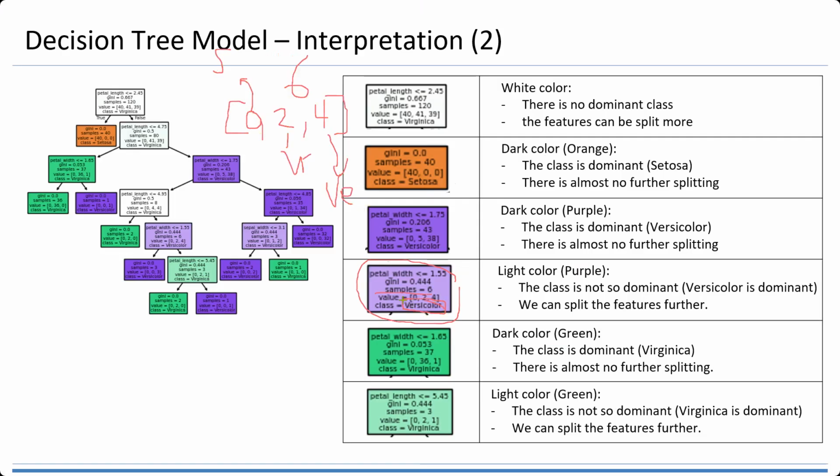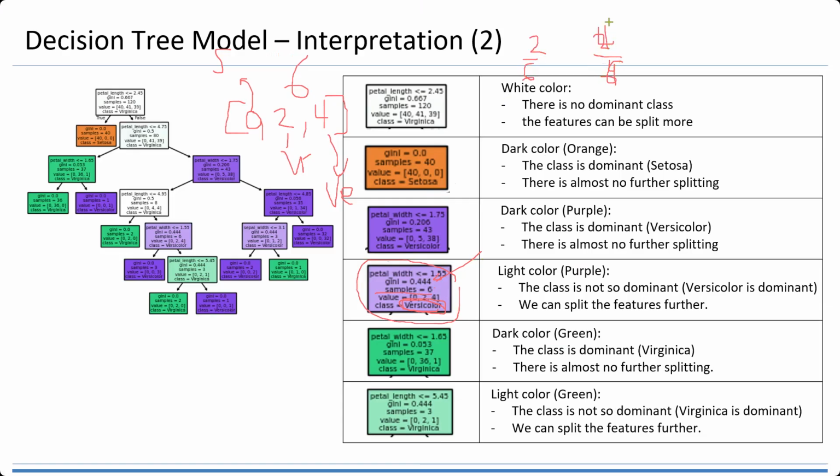And the dominant is versicolor. The color is not that dark because the portion of Virginica is 2 divided by 6, and the other is, sorry, 4 divided by 6. So 2 divided by 6 and 4 divided by 6.